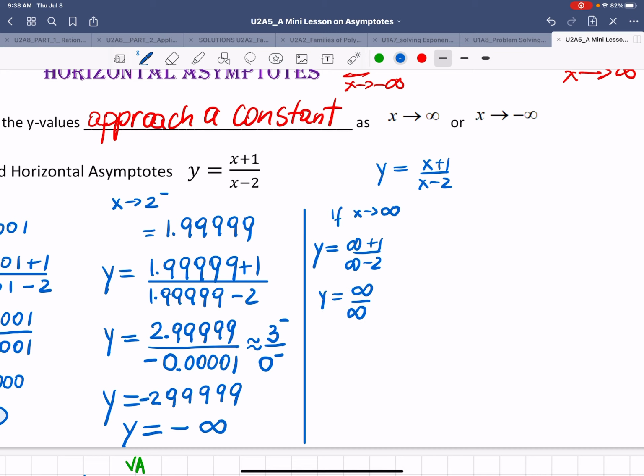And now we're pausing for a second thinking, wait a second, didn't we say this doesn't exist? Well, yes, we did. That means that we cannot substitute x by infinity because we get an undefined expression. So we are going to choose a clever way to define the values of y as x approaches infinity.